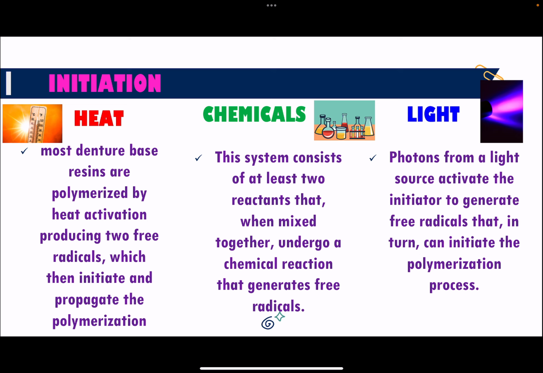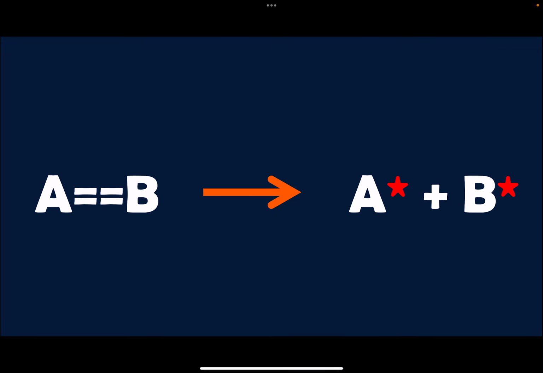In light activated polymers, a photon from a light source activates the initiator to generate free radicals that in turn can initiate the polymerization process. Here in this example, you can see a compound AB is split into A free radical and B free radical.